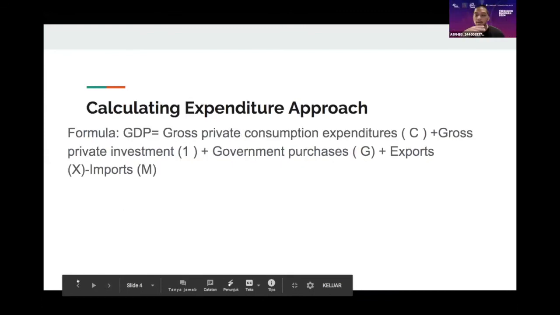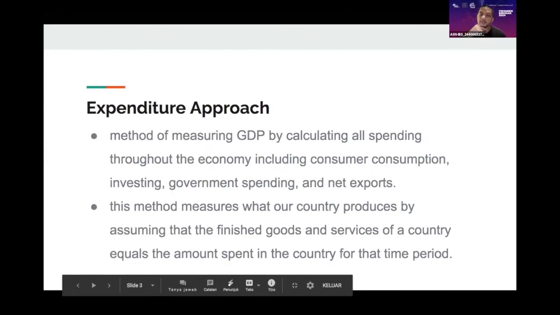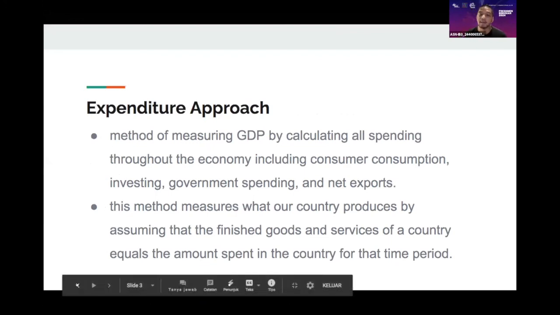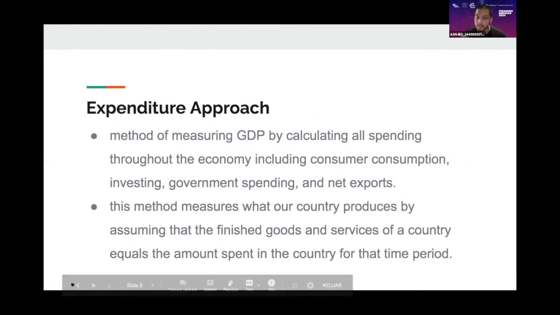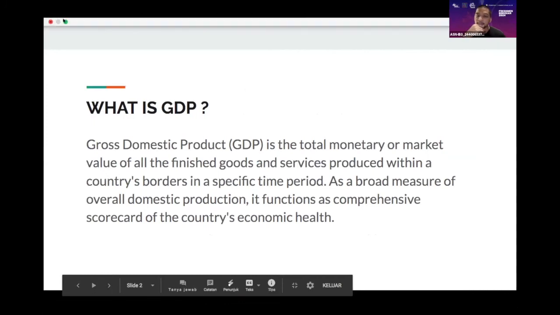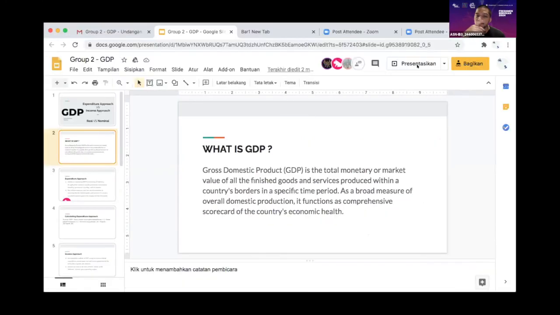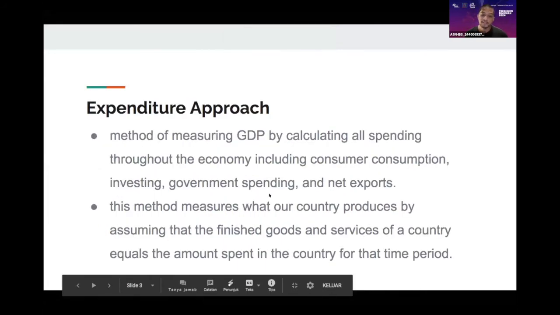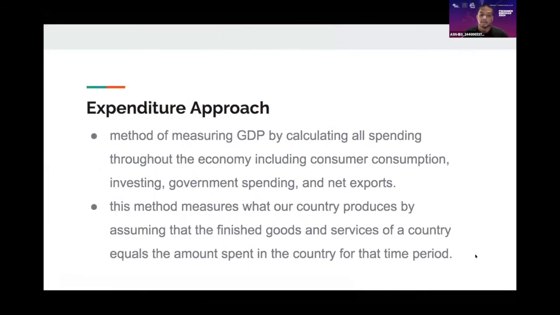There are two types of GDP value. One of them is the expenditure approach, which measures GDP by the output, or the expenditure: how much consumers, investors, government spending, and net exports spend. This method measures what our economy produces, by the finished goods and services that a country spends.